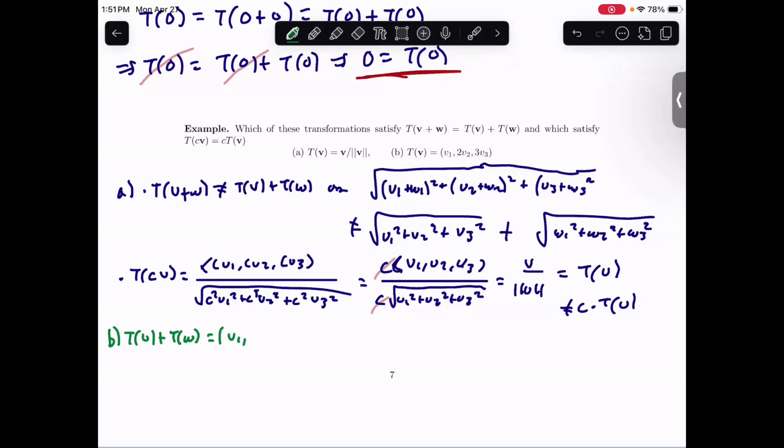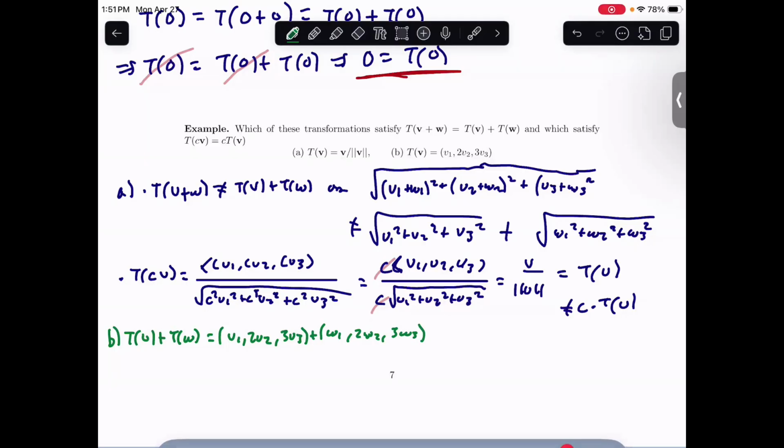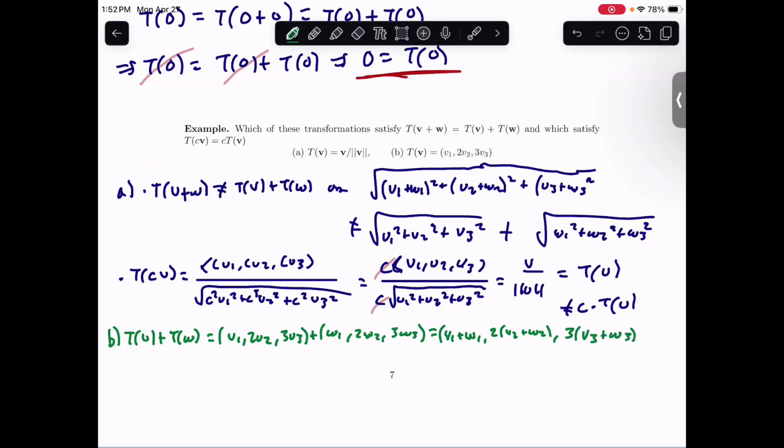We would have V1, 2V2, 3V3, and then plus W1, 2W2, 3W3. And so you add them component wise and you get a new vector. So this is just V1 plus W1, and then 2 times V2 plus W2, and then 3 times V3 plus W3.